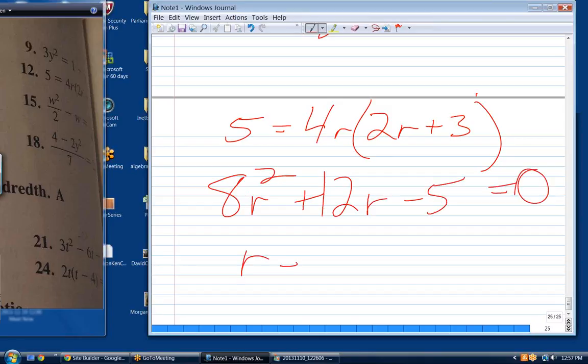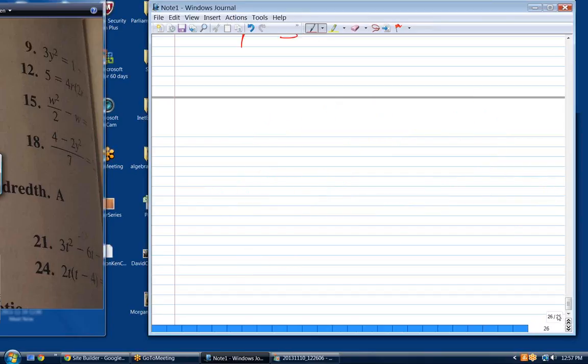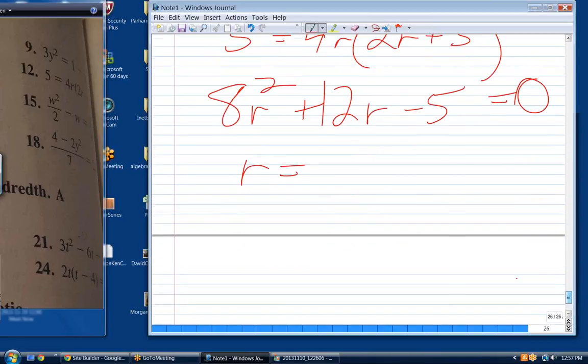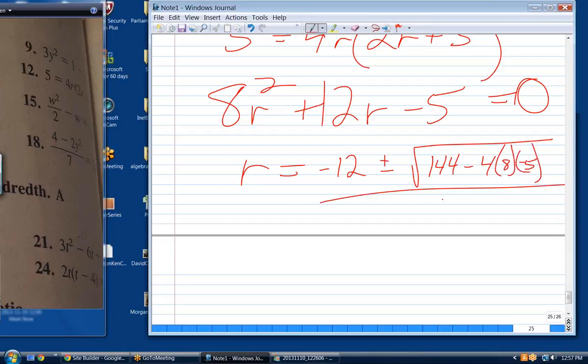And r equals negative 12 plus or minus square root of 144 minus 4, 8, negative 5, all over 16. Yeah, what's the radical?